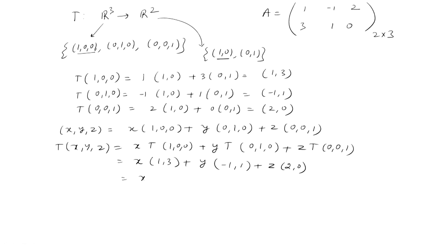So, this will be (x minus y plus 2z, 3x plus y). So, this is the required linear map. So, if the matrix is known and the corresponding bases are known, then we can find out the linear map.